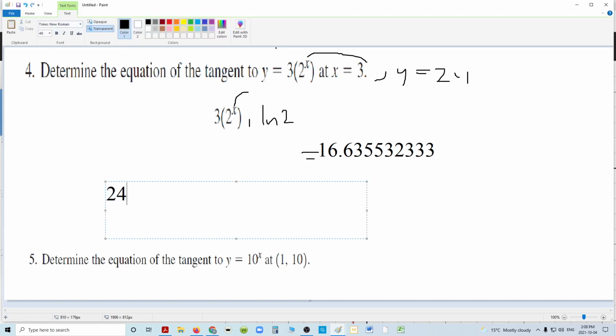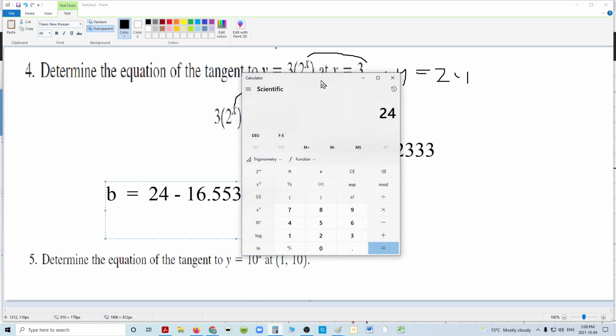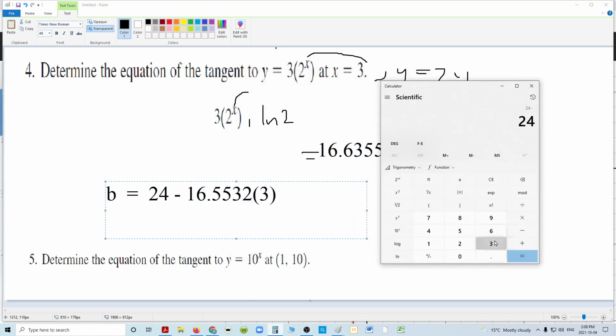which means that 24 is equal to 16.635532 times x, which is 3, plus b, which, rearranging, b is going to be equal to 24 minus that. So we just need to do that. So we're going to take 24 minus 3 times, open brackets, 24 times the ln of 2, close brackets, equals minus 25.91.